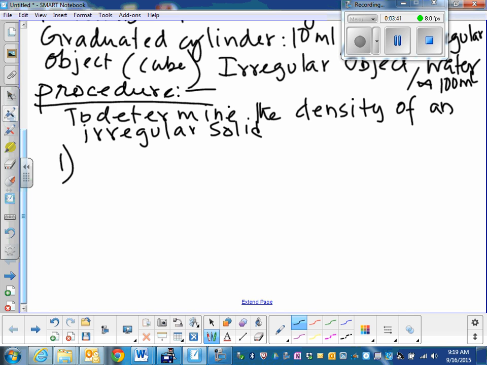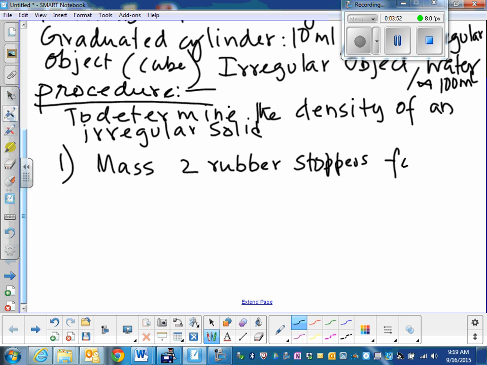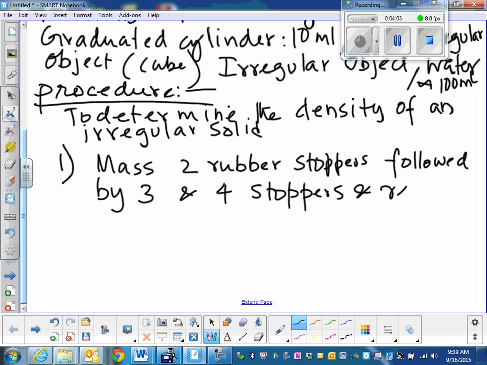So mass of 2 rubber stoppers, followed by 3 and 4 stoppers, and record their mass. Is that right? In data table, right?